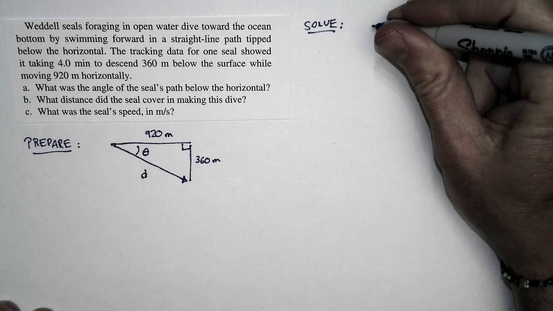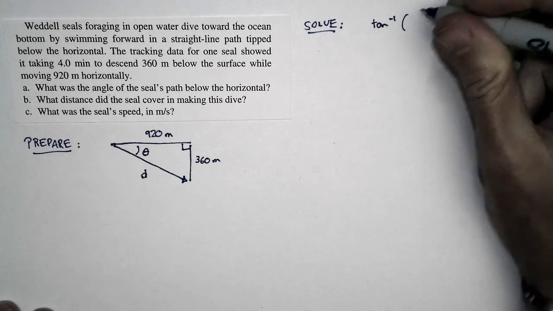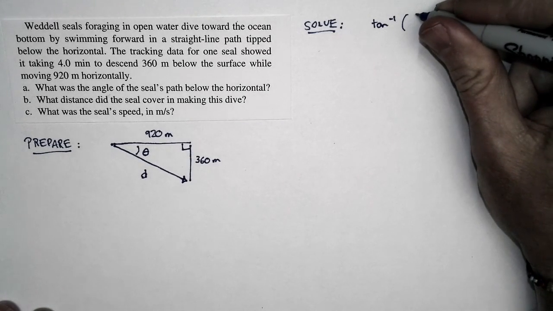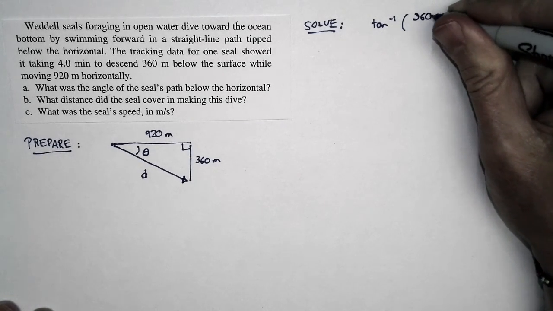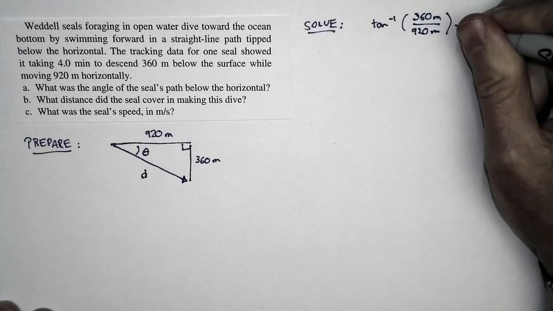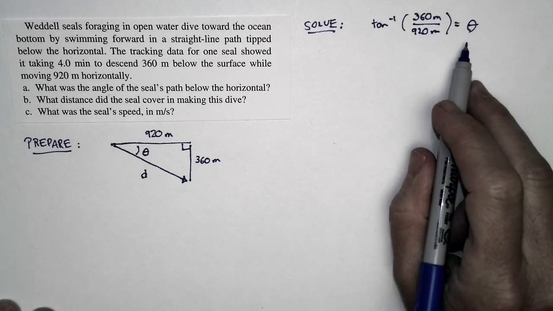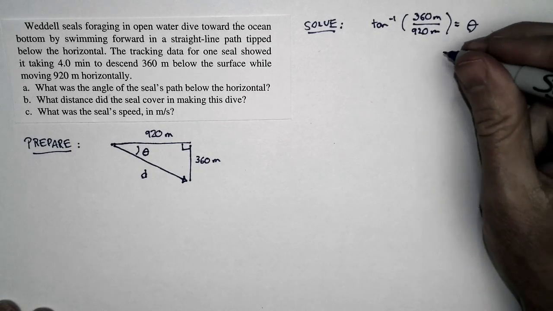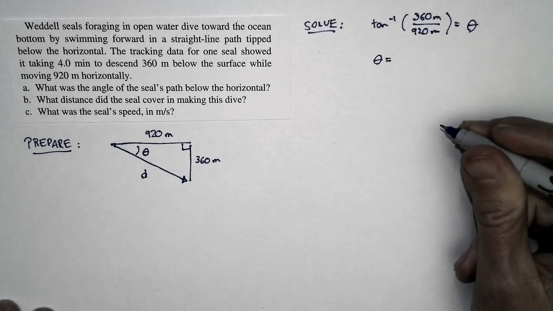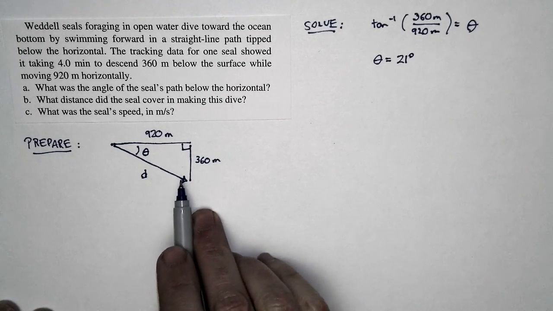So the inverse tangent of the opposite over the adjacent, 360 meters over 920 meters, is equal to theta. That's one of our basic trig relationships. So if we compute what we get for theta, it's 21 degrees.